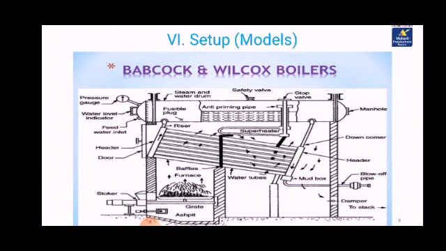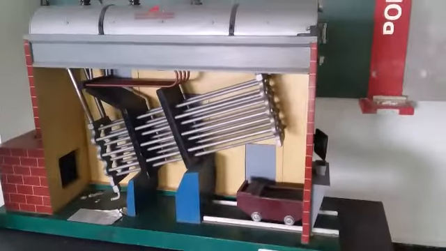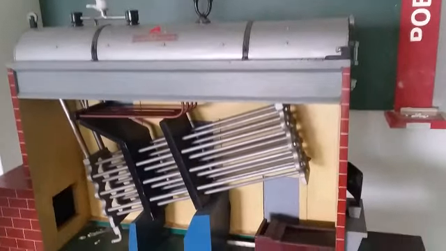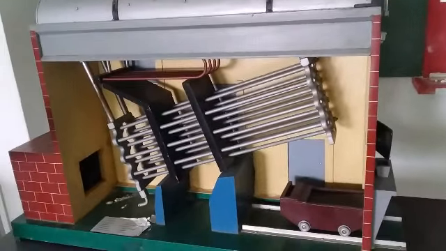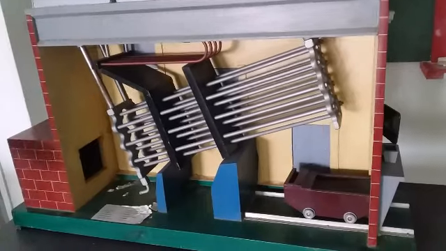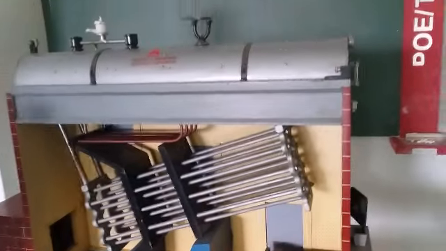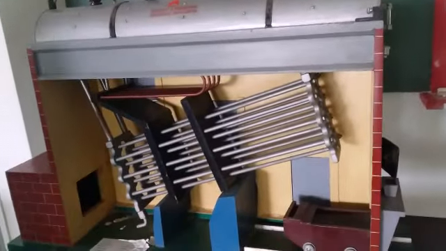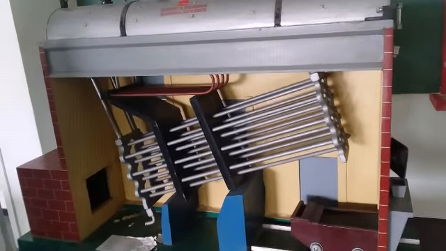Now we will see the actual model of this Babcock and Wilcox boiler. Practical number 2. Trace the path of flue gases and water steam circuit of the boiler. So this is the model of the Babcock and Wilcox boiler. In this boiler there are various components.